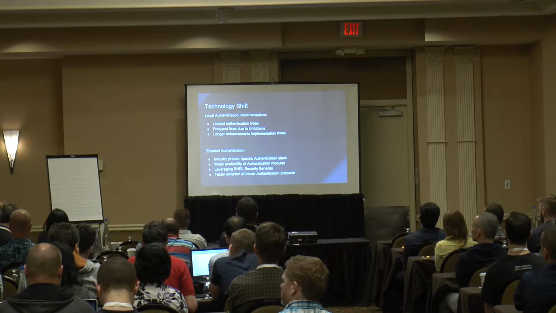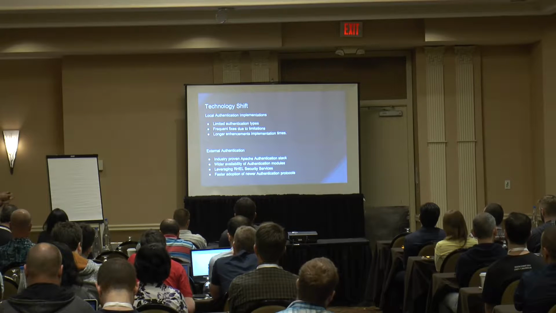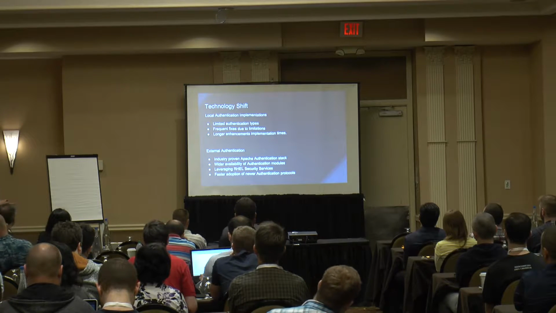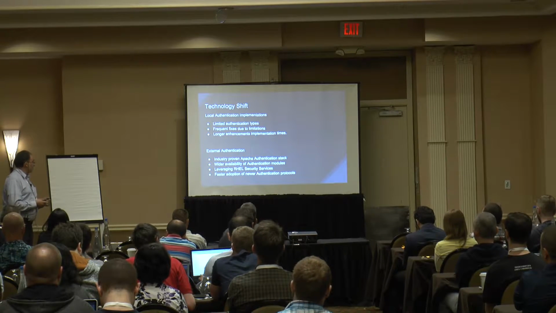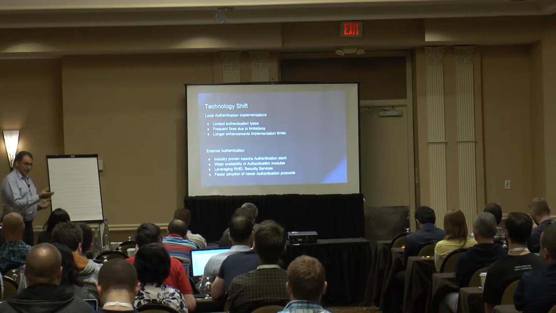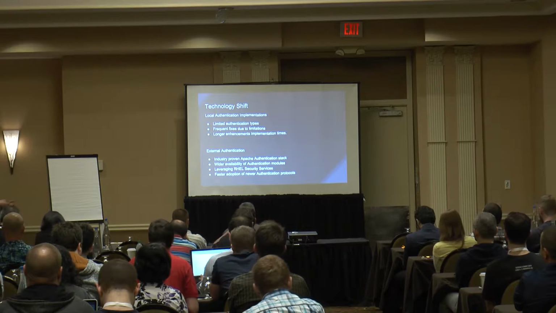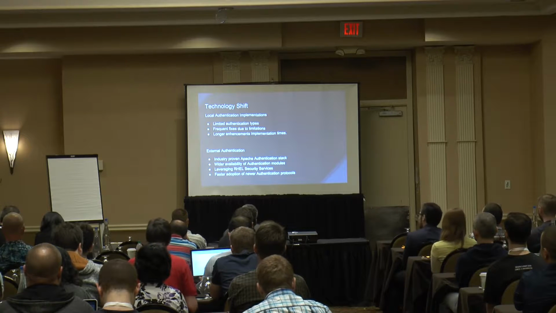All right, so, technology shift. When we started this path a year and a half, two years ago, we really wanted to go to a more proven authentication stack. So we went with the Apache route, right? You have an industry-proven authentication stack, which we wanted to leverage.